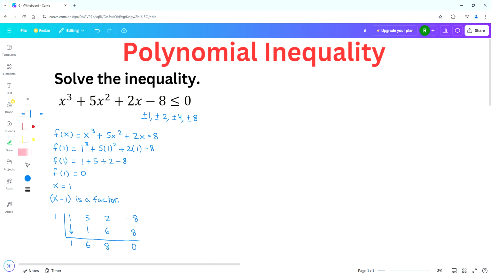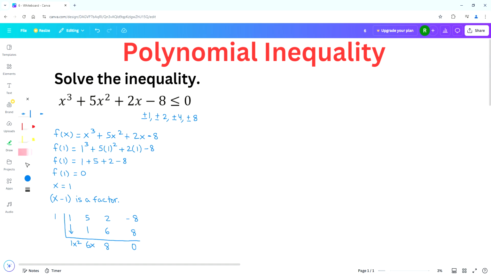Since the last number is equal to 0, that proves that x minus 1 is a factor of the given cubic polynomial. The degree of the cubic polynomial is 3. The degree of the factor we found, x minus 1, is 1. So the degree of the quotient should be 3 minus 1, which is equal to 2. So the quotient of this polynomial division is 1x squared plus 6x plus 8.